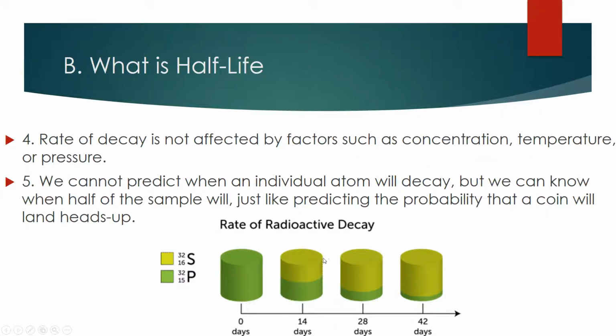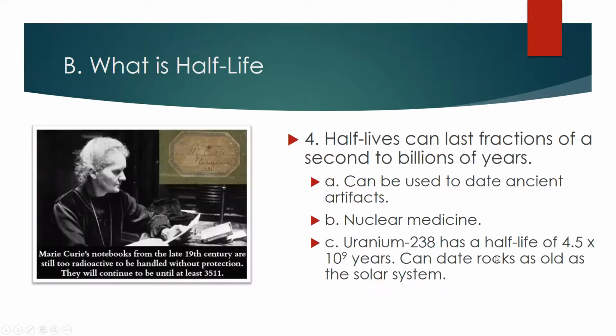After 14 days, we are now at half, and half of it has become sulfur-32. After another 14 days, we've gone through 2 half-lives, so only a quarter of that remains, and then we go another 14 days to 42, and now an eighth of it remains. Again, we can study the overall sample, but we can't look at an individual atom and predict the moment when it's going to decay.